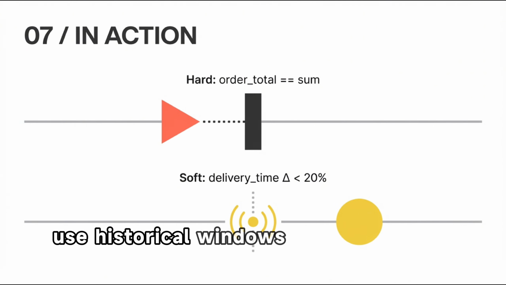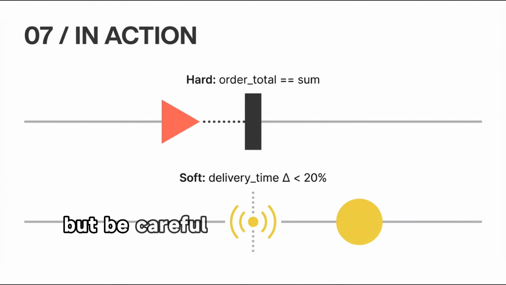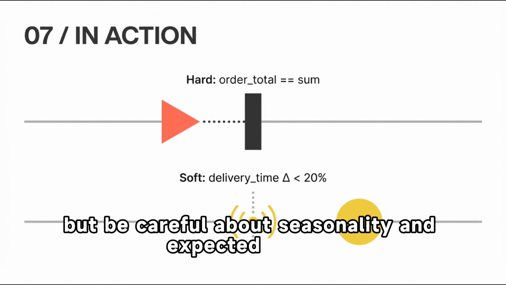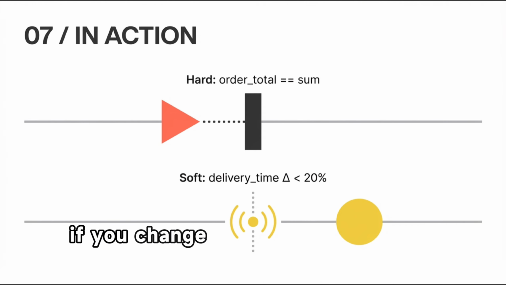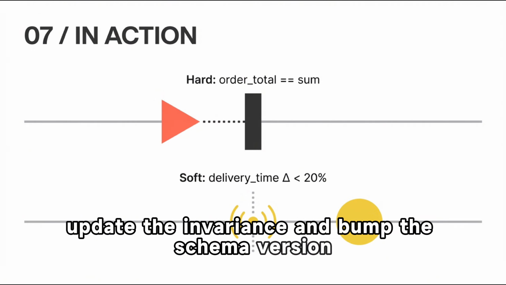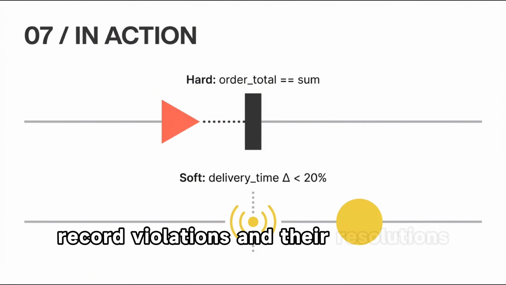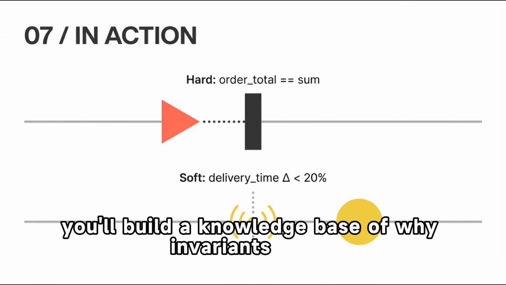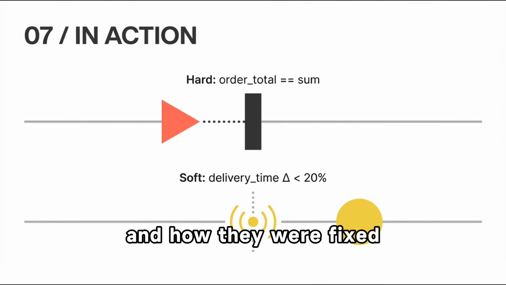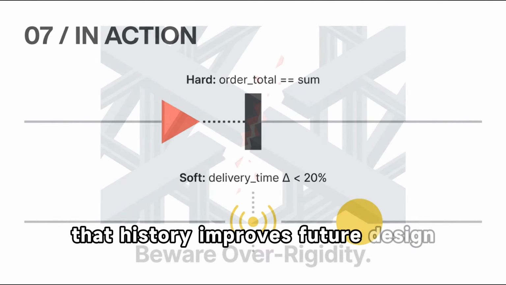Use historical windows to set baselines, but be careful about seasonality and expected change. Version invariants alongside schemas. If you change the meaning of a field, update the invariants and bump the schema version. Record violations and their resolutions. Over time, you'll build a knowledge base of why invariants broke and how they were fixed. That history improves future design.